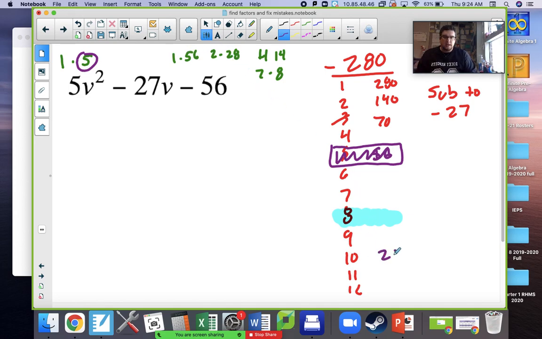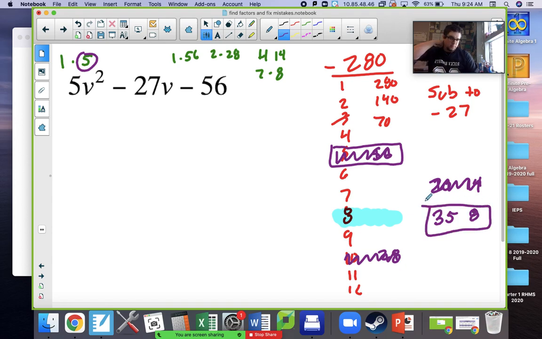That gives us 28. Ooh, not quite it. 5 times 4, so we have 20. 20 goes into 280 14 times. Not quite. 5 times 7 gives us 35. We see that 35 goes in 8 times. Ding, ding, ding, ding. We have found our factor pair.